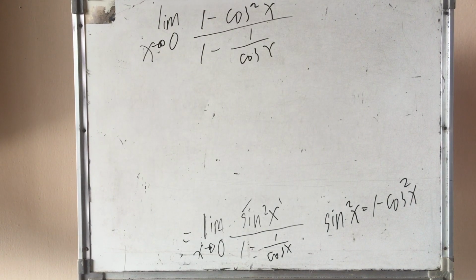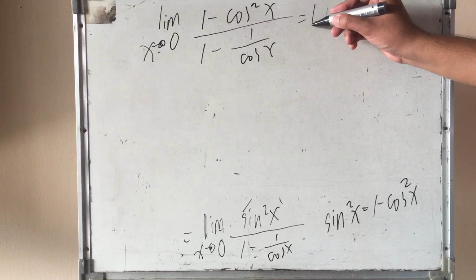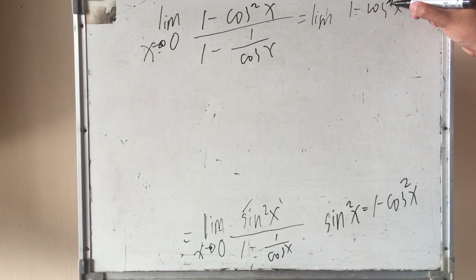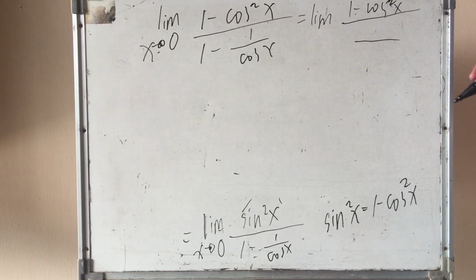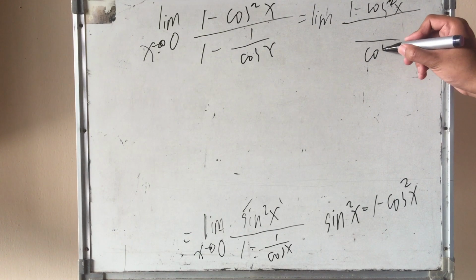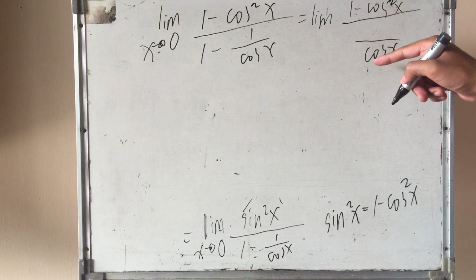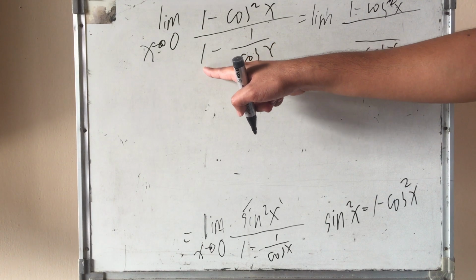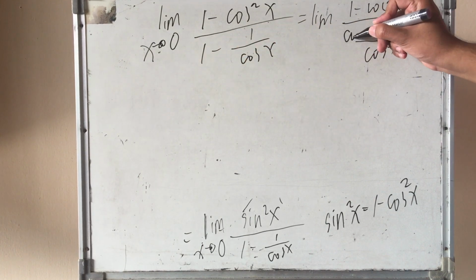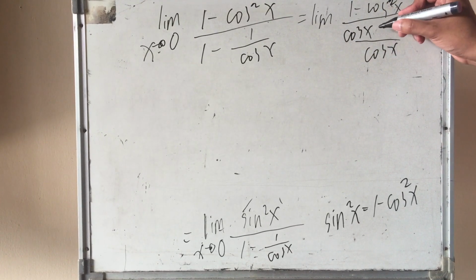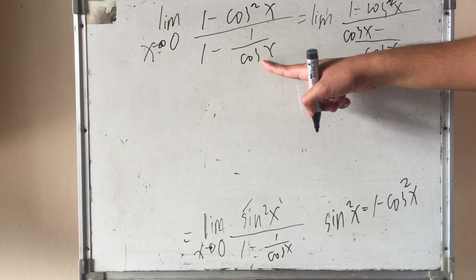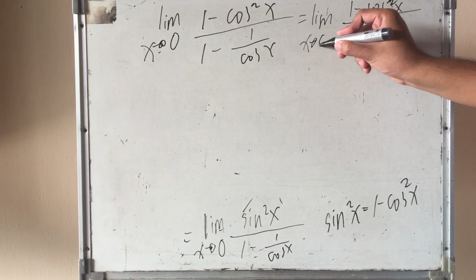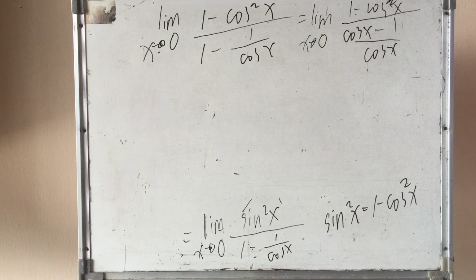So simplifying the denominator side, this is equal to the limit of 1 minus cosine squared x divided by, denominator LCD cosine x, so this is equal to cosine x divided by 1 is cosine x times 1 is cosine x, minus cosine x divided by cosine x is 1 times 1 is 1 as x approaches 0.